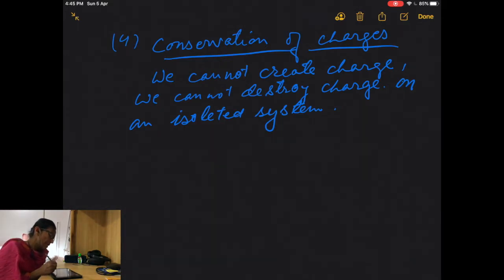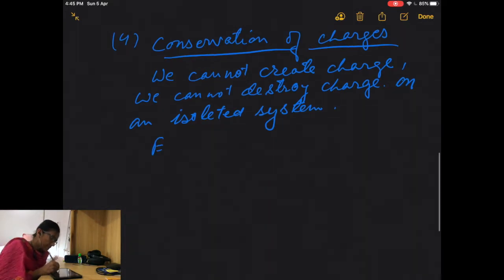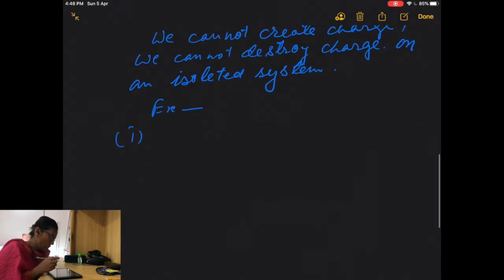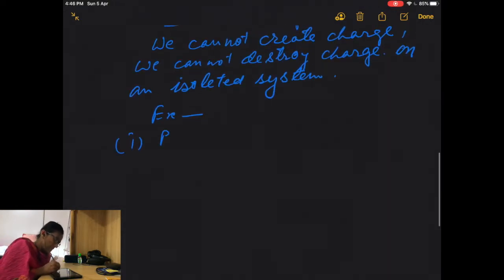Let me take some examples to explain this. The first example is pair production.